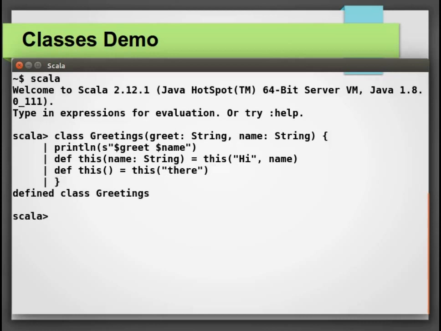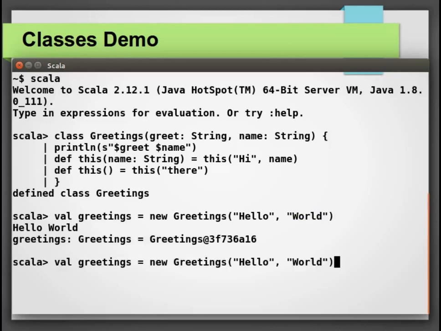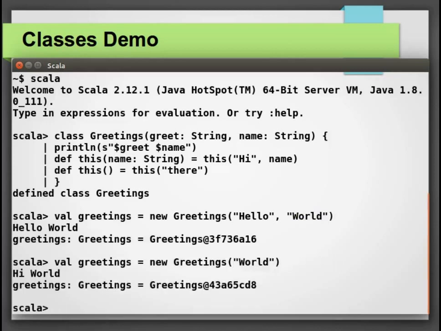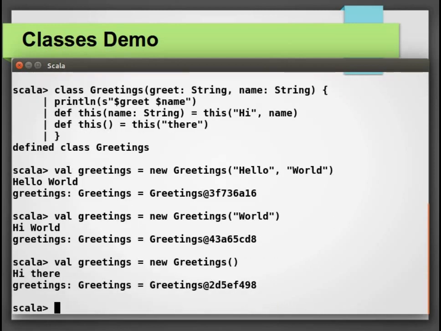And the last constructor does not accept anything and will default the value of name as there. The last constructor will call the other two constructors to print the greeting as hi there. We now try to instantiate the greeting using all three constructors. Notice how each constructor is printing out its own respective greeting.